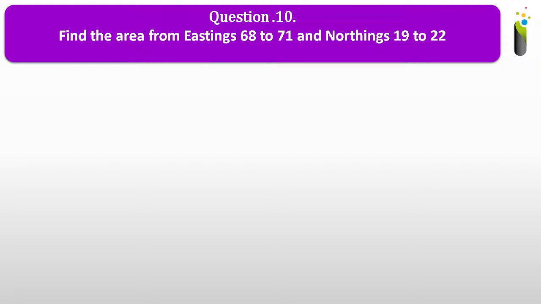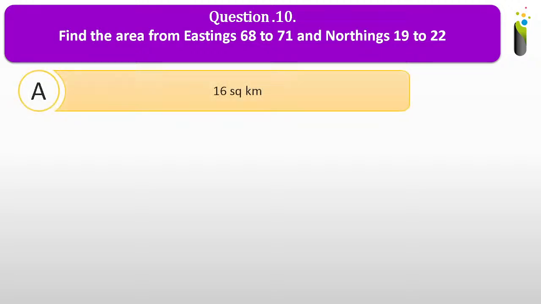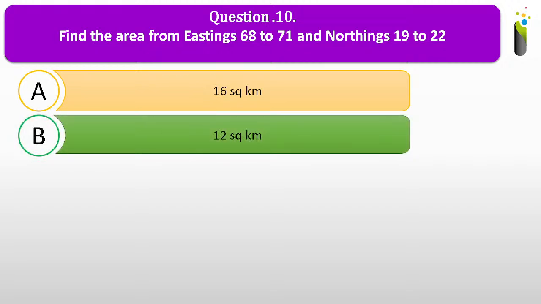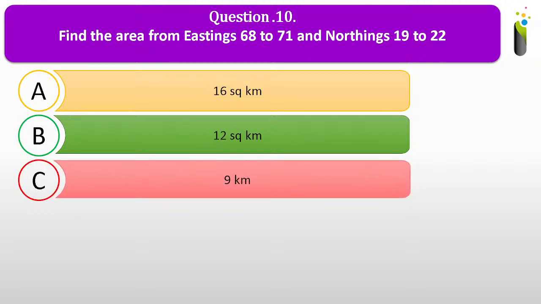Find the area from eastings 68 to 71 and northings 19 to 22. A. 16 square kilometers. B. 12 square kilometers. C. 9 kilometers.